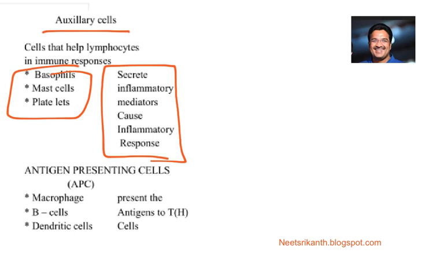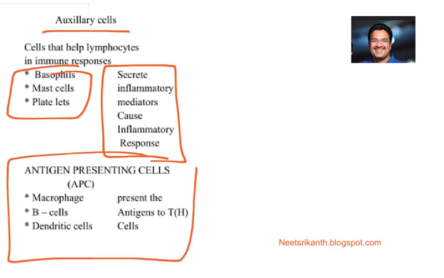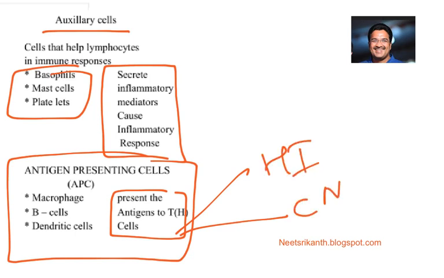And the story of antigen presenting cells we have seen in the earlier parts. Antigen presenting cells are also auxiliary cells, like macrophages, B cells and dendritic cells. They present the antigens to the T helper cells, which means they are indirectly responsible for either humoral immunity or cell mediated immunity.